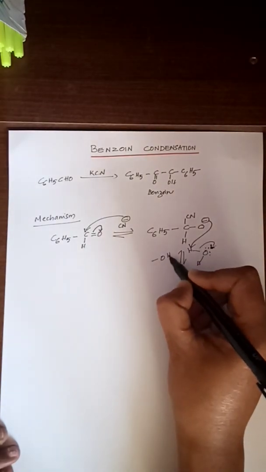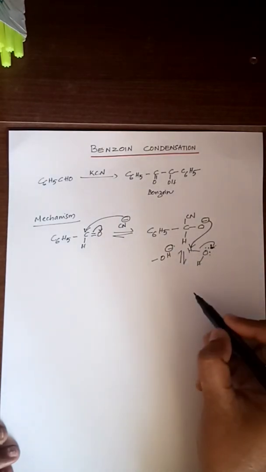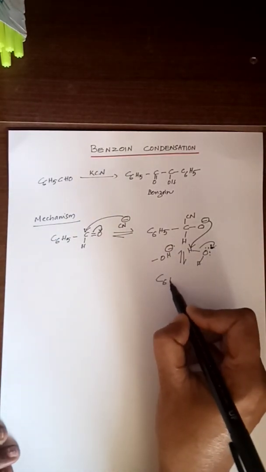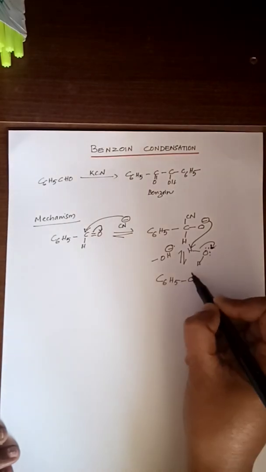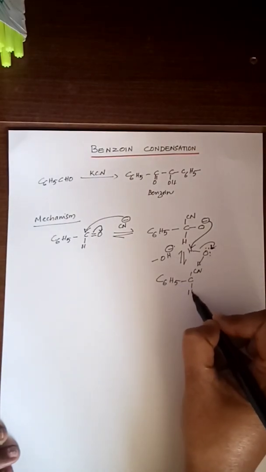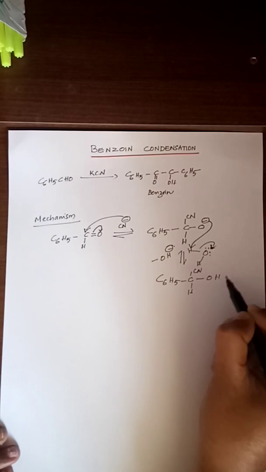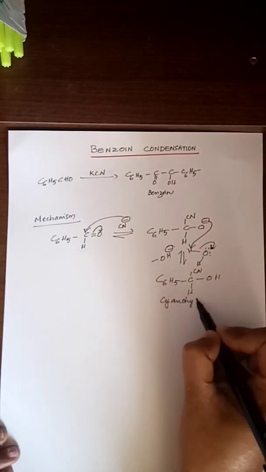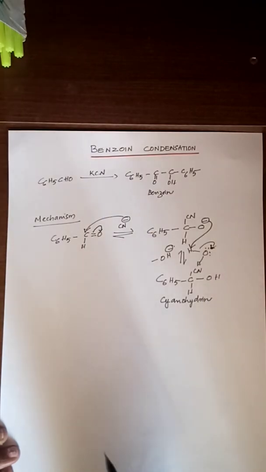You will get C6H5-CH(CN)-OH. This is nothing other than cyanohydrin.